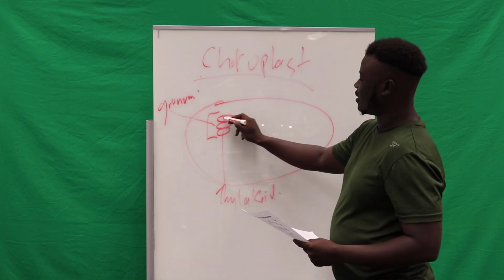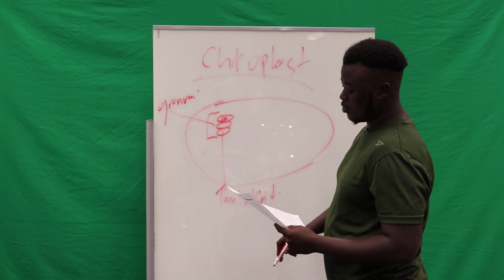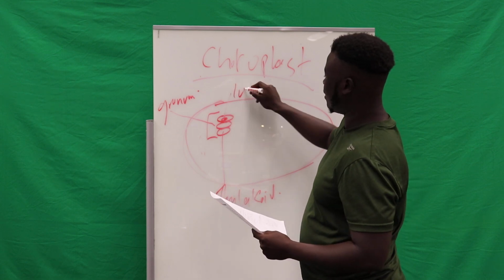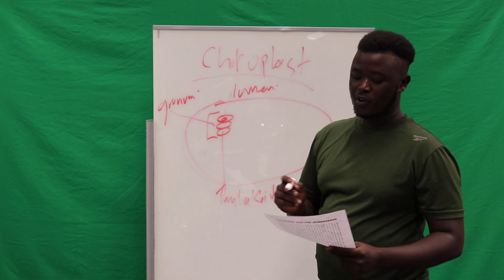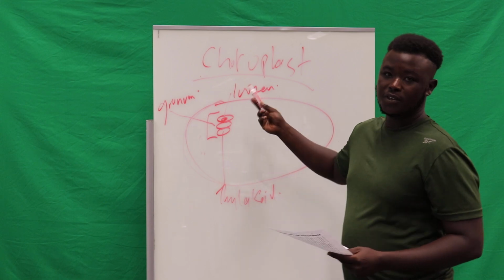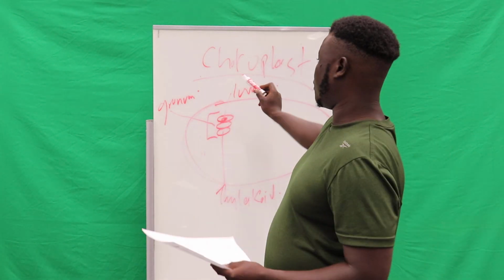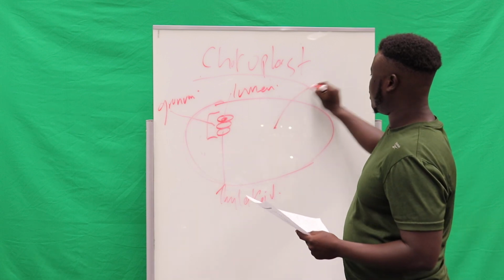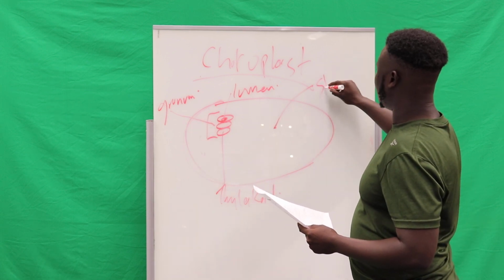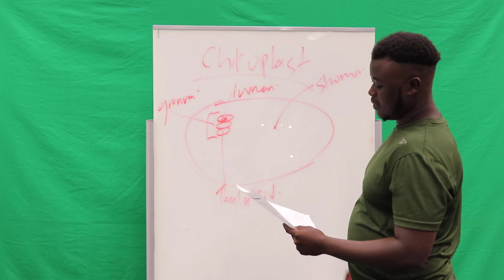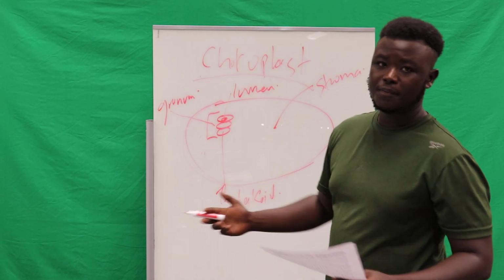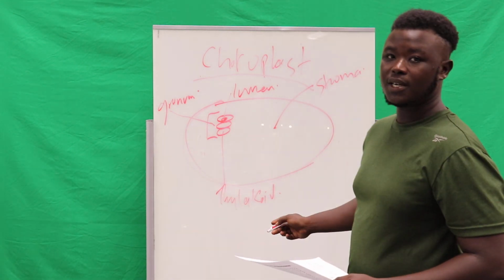And then the inside of the thylakoid is called the lumen. This is very important to remember, as the different stages of photosynthesis happen in different particular parts of the structure of the chloroplast. So this is called the stroma. This is the basic structure of the chloroplast.